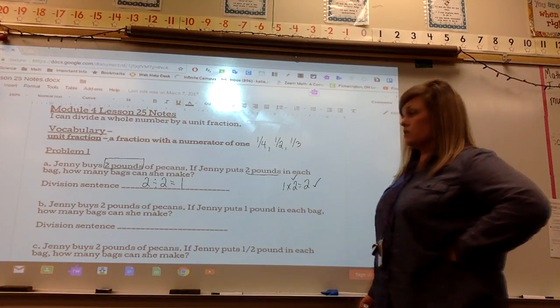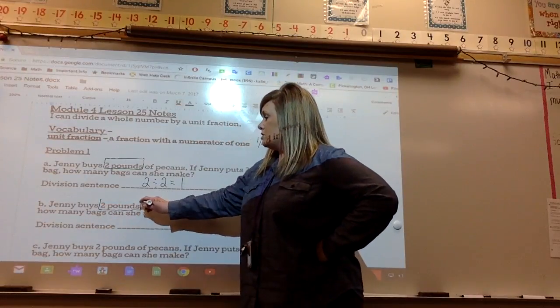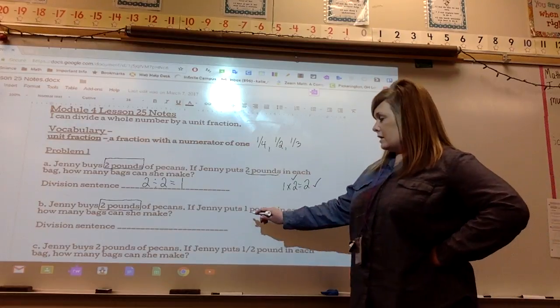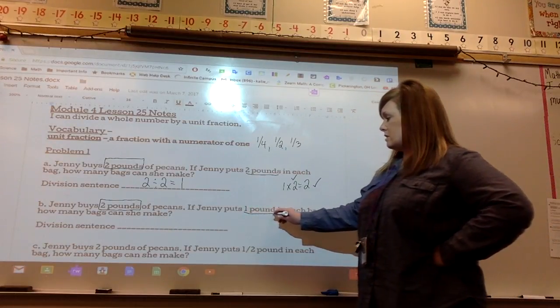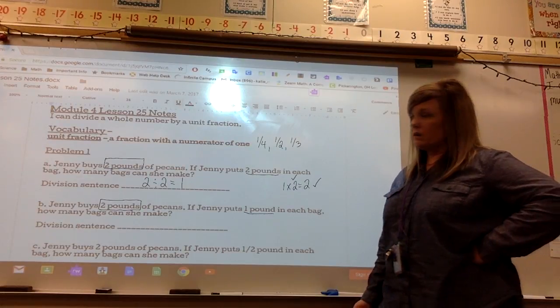Jenny buys 2 pounds of pecans. So I'm going to unbox in 2 pounds, that's what she's starting with. She puts 1 pound in each bag, so that's the size of each bag. We're trying to figure out how many bags she's able to make.